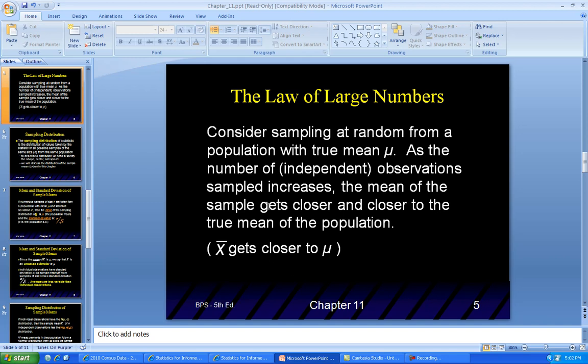So if you wanted to estimate something for the whole population of the United States, well, we have 308 million people. If you took 25 people, it probably wouldn't be a very good estimation of how x bar gets close to mu. But you can increase the probability that it'll be close if you add a lot more people.